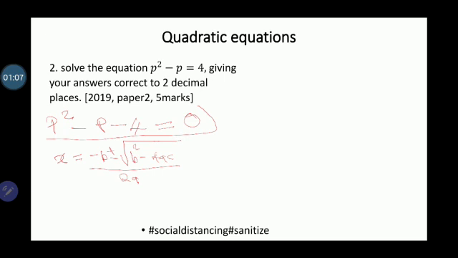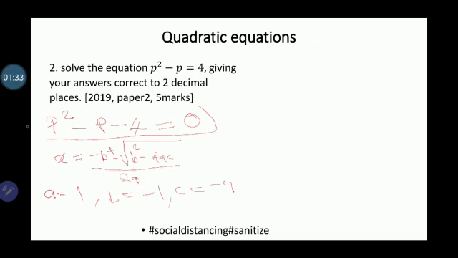So you just copy it down from the examination paper, then make the substitutions. So your a, coefficient of p squared, is 1, and your b, the coefficient of p, is -1 and c is -4.